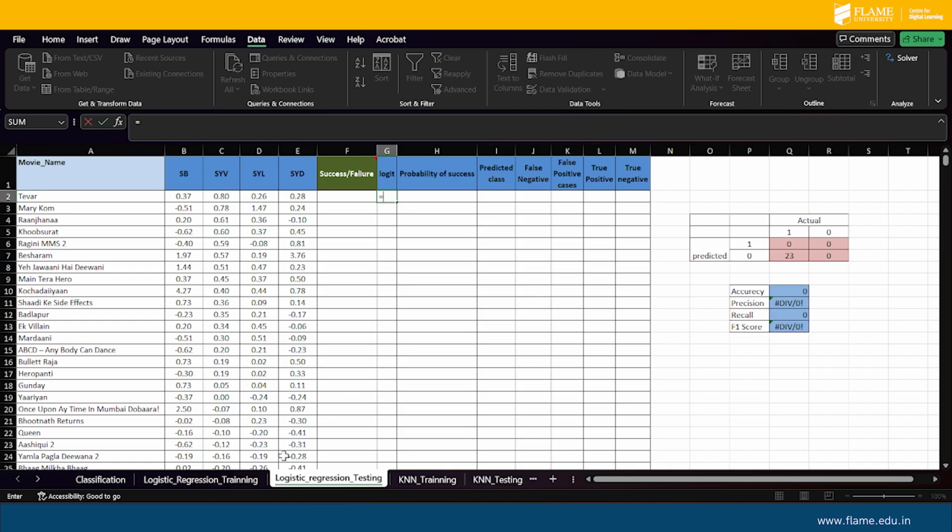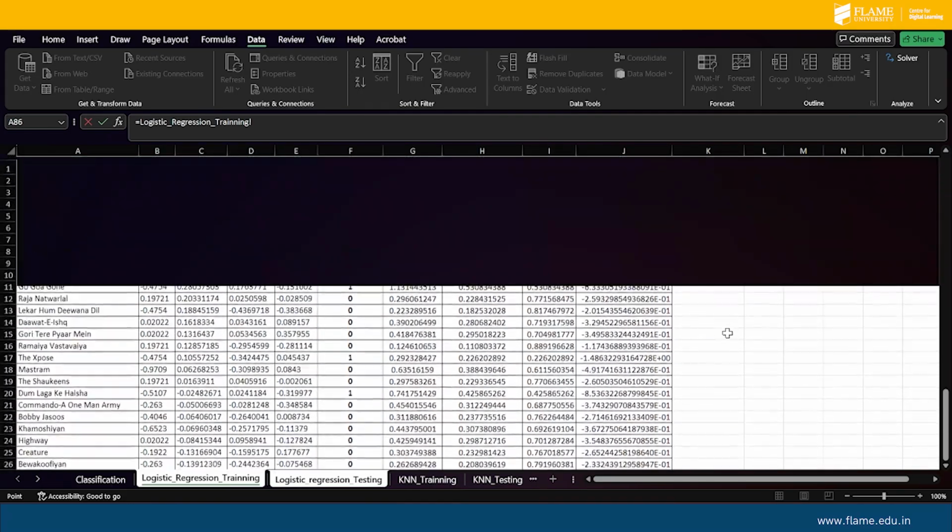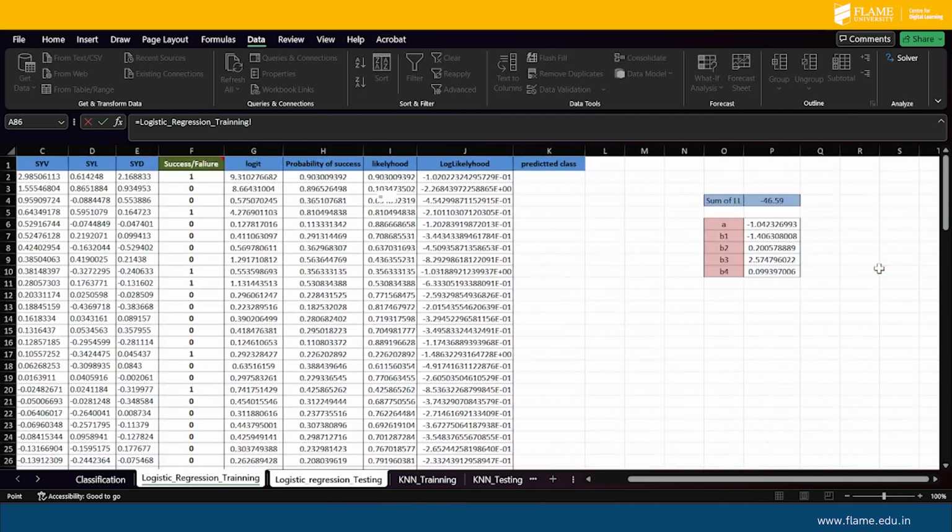So I have to use these coefficients over here. So I'm just copy pasting all these values of the coefficient in the second sheet. Control C here.